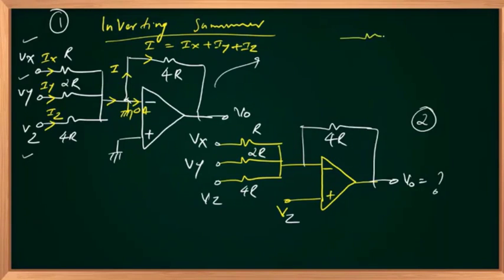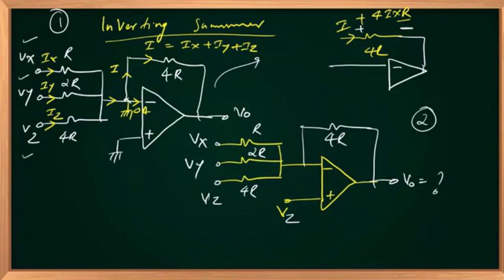And that current will generate a voltage of 4IR, having a polarity like this, plus minus. Negative, positive. And this is my V out.